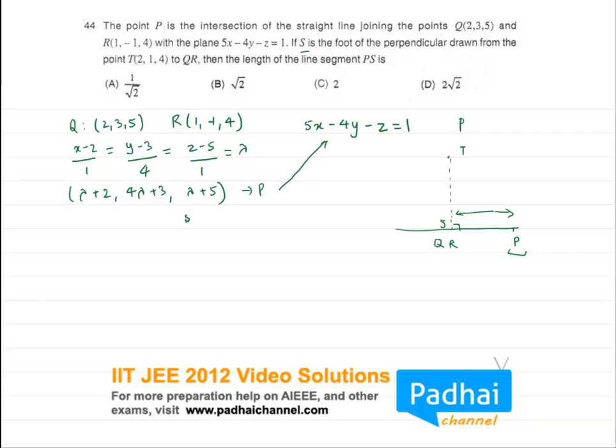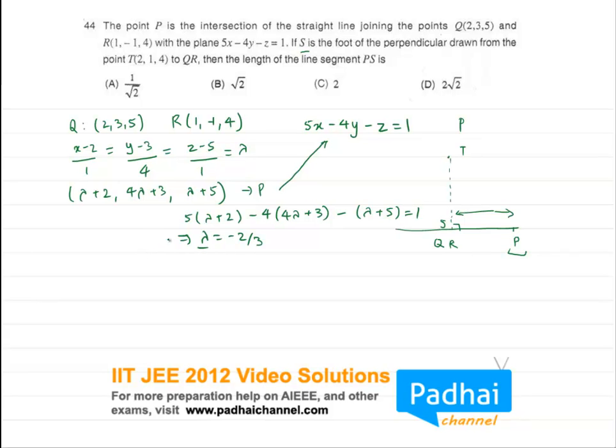So putting this in the equation and solving for lambda, we get lambda = -2/3.